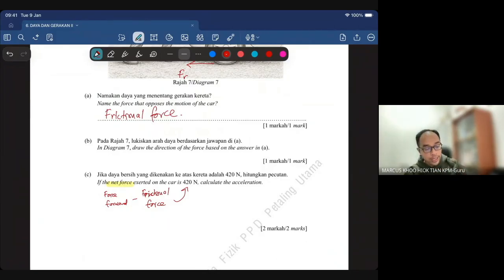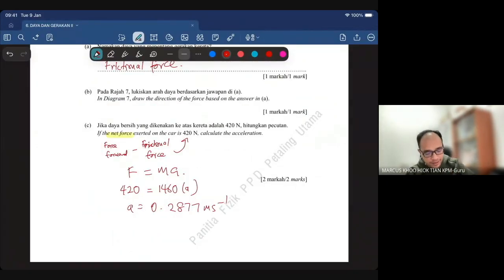And so you can actually just straight away put it into F equals to ma. 420 equals the mass of the car, 1460, times the acceleration. But actually, the acceleration is so pathetic: 0.2877 meters per second squared, or about 28 centimeters per second squared.